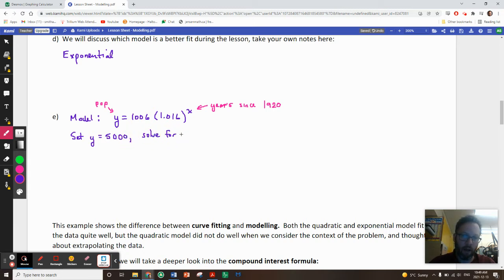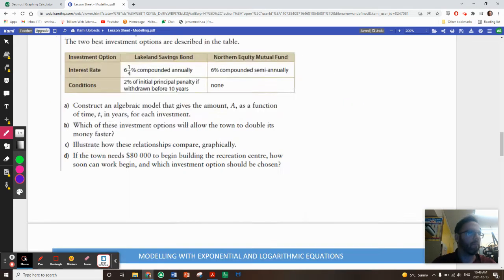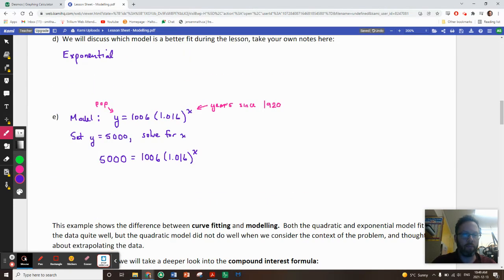Fortunately, you guys have been solving all kinds of exponential and logarithmic equations. In the grand scheme of things, this is not the hardest equation that you guys have solved, but it's a useful one because we're solving it in the context of this problem. So let's do it. Let's divide both sides by 1,006. We'll bring up my graph here so we can verify later.